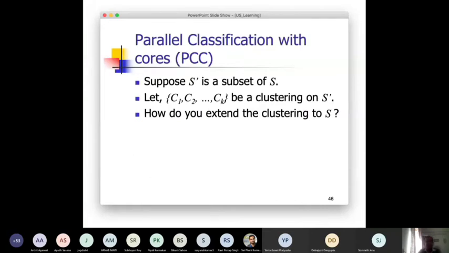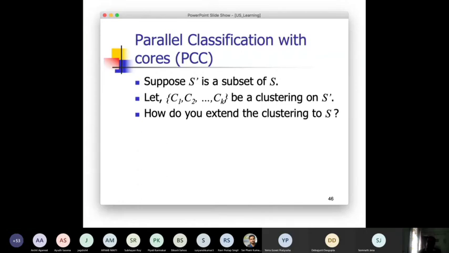So in parallel classification with codes, what this technique considers is that in bioinformatics we have a very large number of data points, and sometimes also very high dimensional data, because you have a good number of genes and you are trying to relate them. Also, there could be various other kinds of data.